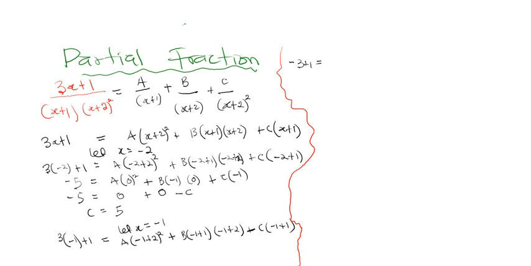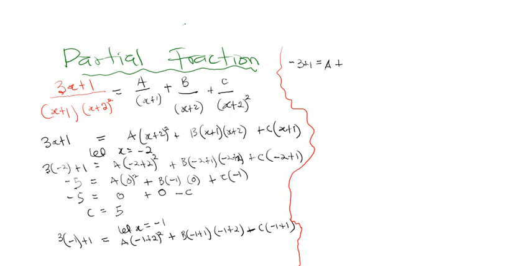Negative 1 plus 2 will give you positive 1 squared, and positive 1 squared is 1. 1 times a is a. Then plus b into bracket negative 1 plus 1 will give you 0, and 0 will give everything to be 0.